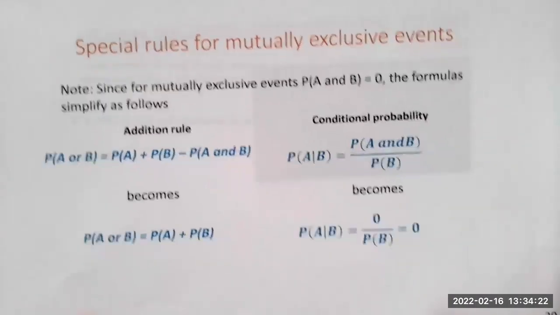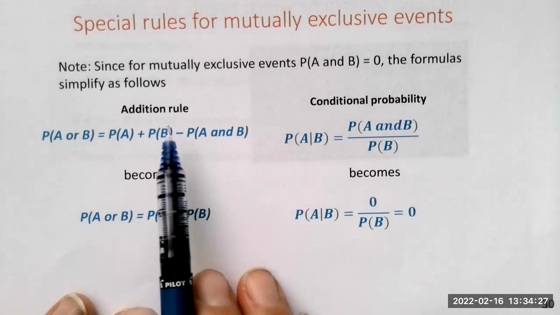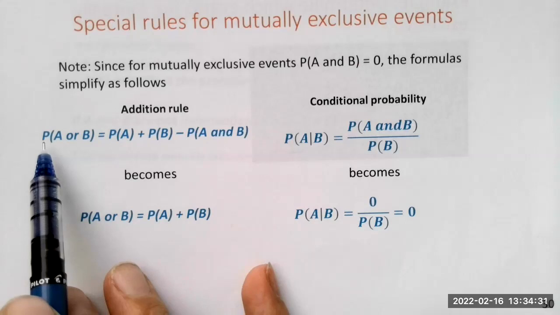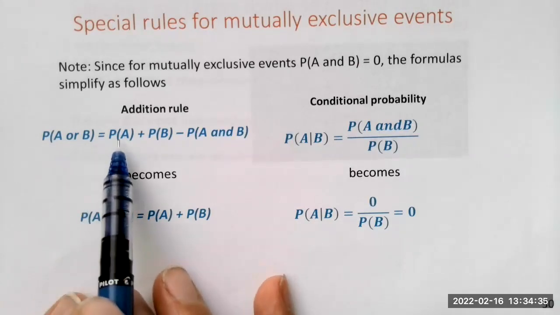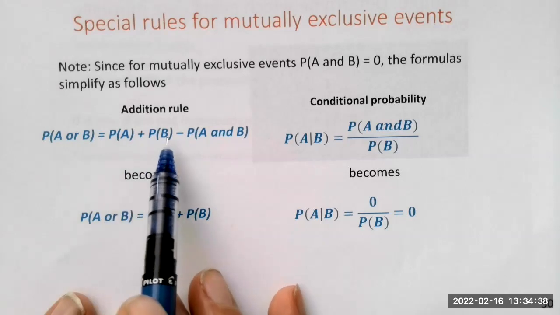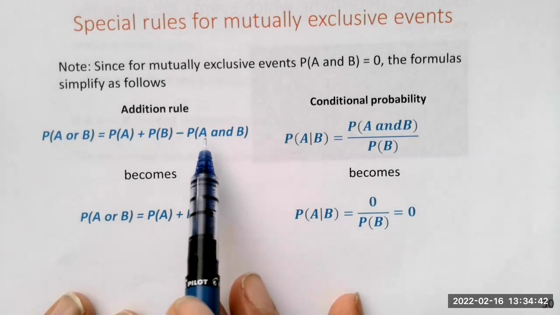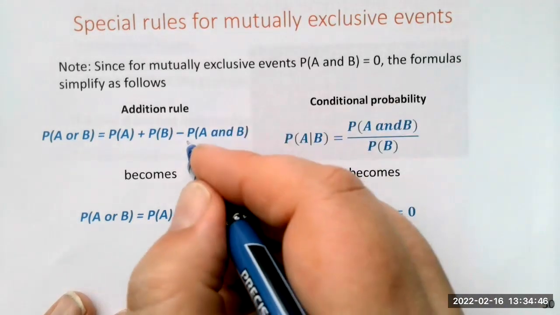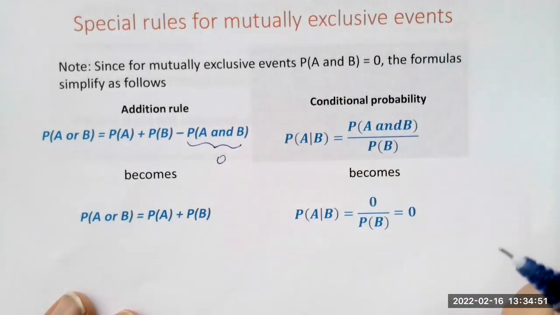Okay, some special rules for mutually exclusive events that we already looked at. So first of all, the addition rule, when we are looking for probability of A or B, remember we said it's probability of A plus probability of B minus the probability of A and B. Well, if A and B are mutually exclusive, then this probability is 0, according to the previous slide.